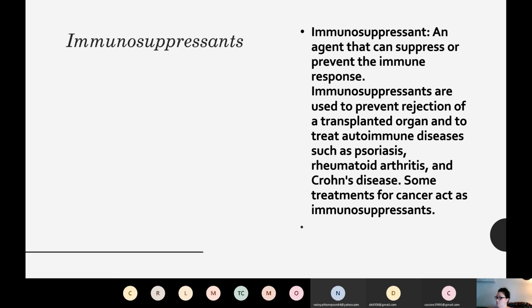And I know your first response is going to be, why in the heck would we want to weaken or suppress somebody's immune system? There's a couple of great reasons. One, for multiple sclerosis, for instance, it is an autoimmune disease.